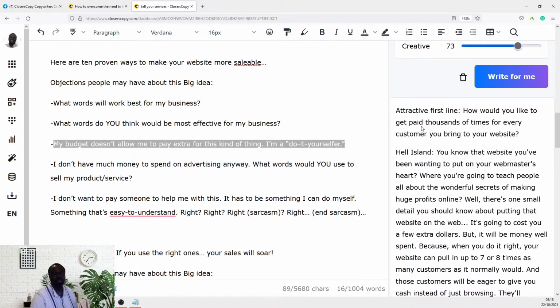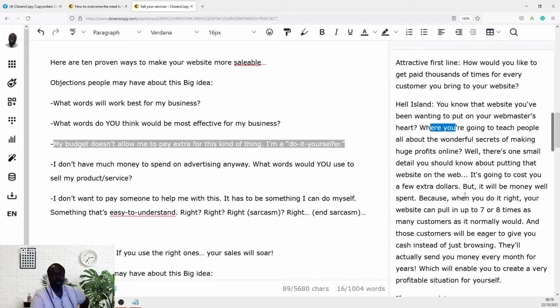How would you like to get paid thousands of times for every customer you bring onto your website? You know, that website you've been wanting to put on your webmaster's heart, what are you going to teach people about the wonderful secrets of making huge profits online? Well, there's one small detail you should know about putting websites on the web.